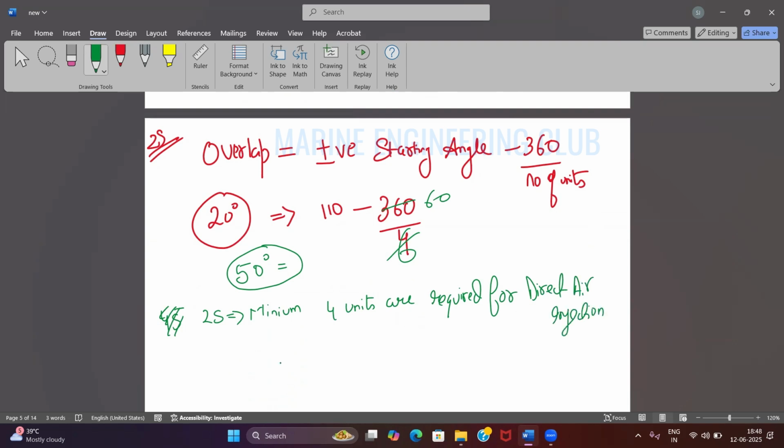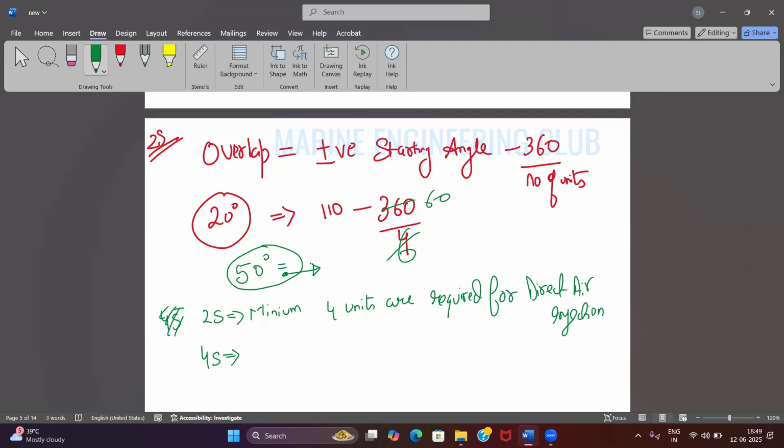Is it clear? This we have discussed, right? More degree of overlap means more starting air valves are open. For this 50-degree part, at least 2 starting air valves will be giving air. And if 2 units are getting air, your engine will turn faster, so engine starting will be much easier.